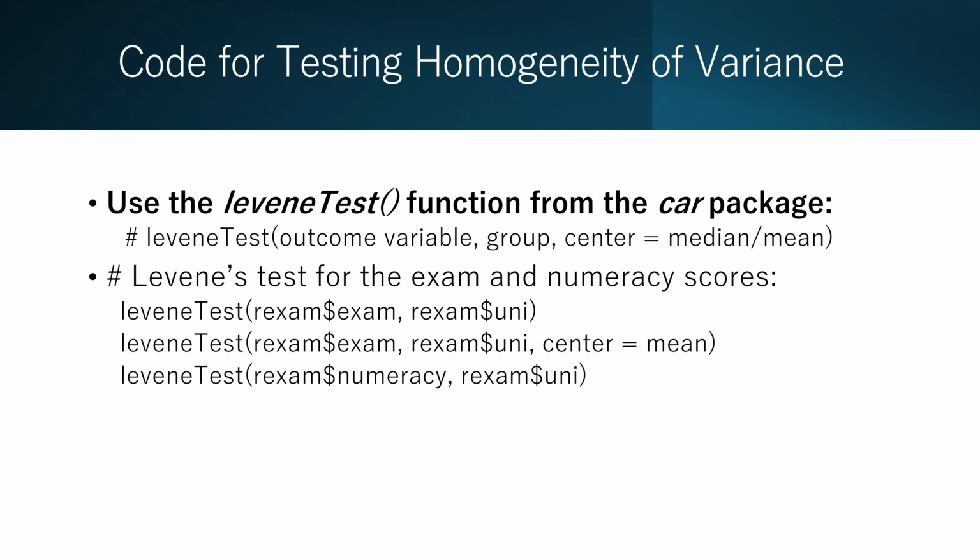Okay, now let's test the equal variance using Levene's test. In R, the core call is the leveneTest command. For our example, we run it on exam and numeracy by uni like this.